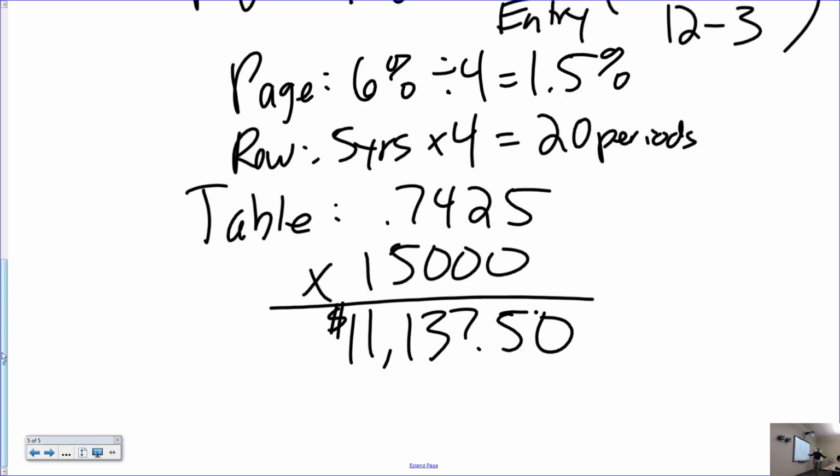So note, if I won $12,000, folks, I can buy myself a new roof in 5 years and have a little bit of money left over, right? This is how much I have to invest.